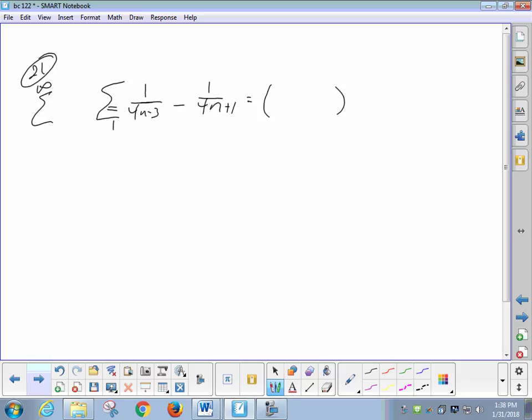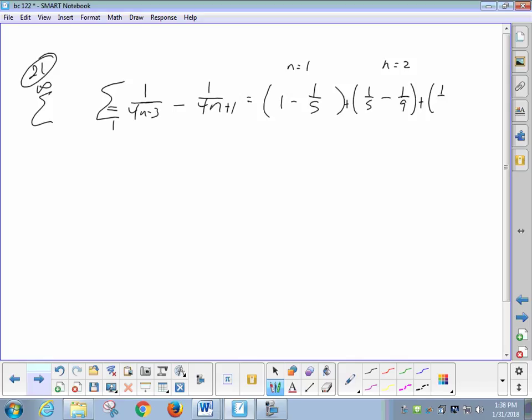When I put in 1, I get 1 minus 1 over 5. Then when n equals 2, I get 1 over 5 minus 1 over 9. Do you agree? I think I see it at that point.